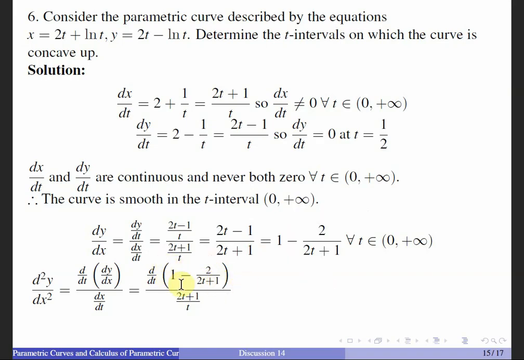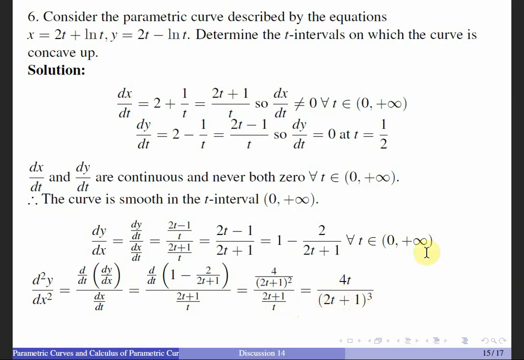So derivative of 1 is 0, and then this one you can think of it as negative 2 multiplied by (2t plus 1) raised to negative 1 power. So you can use chain rule. So you have 4 over (2t plus 1) quantity squared all over (2t plus 1) all over t. And then just simplify, you have 4t over (2t plus 1) cubed.